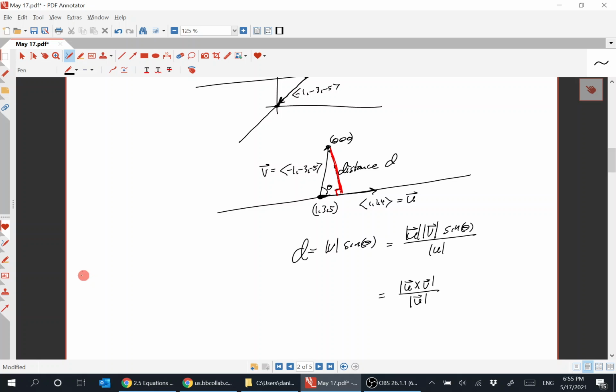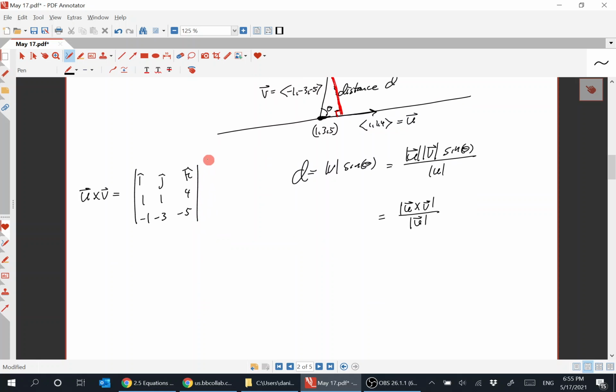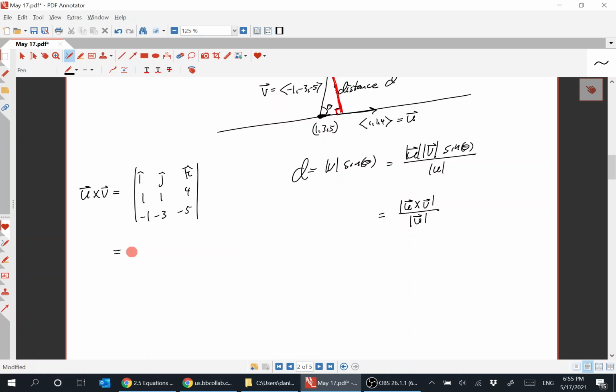All right, so here's u cross v. So i, j, k, 1, 1, 4, minus 1, minus 3, minus 5. So this cross product is, in the i component, we got 1, 4, minus 3, minus 5, that 2 by 2 determinant.